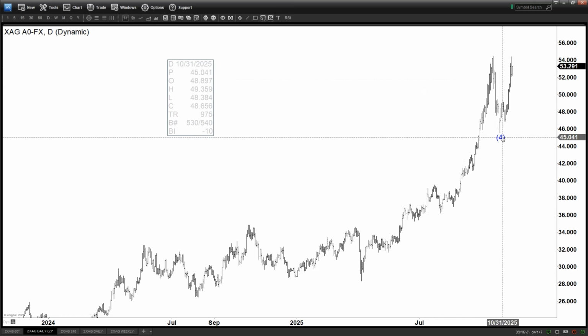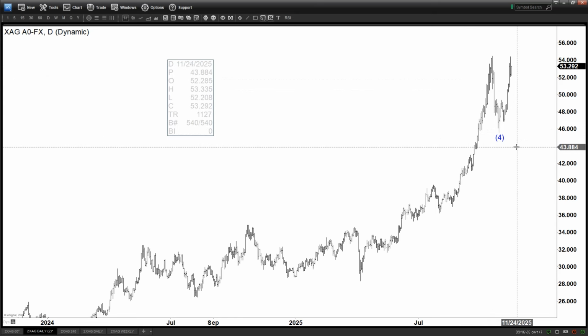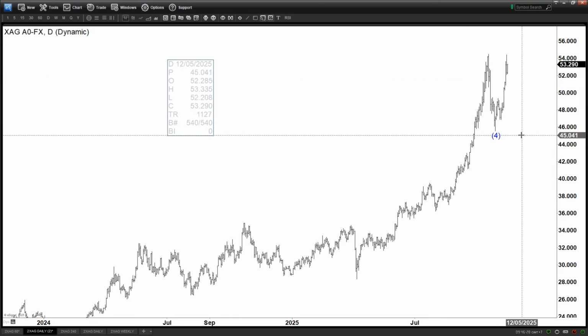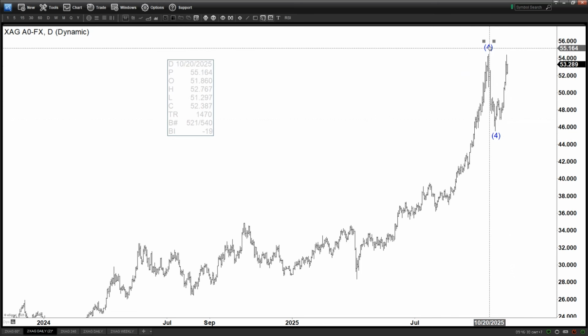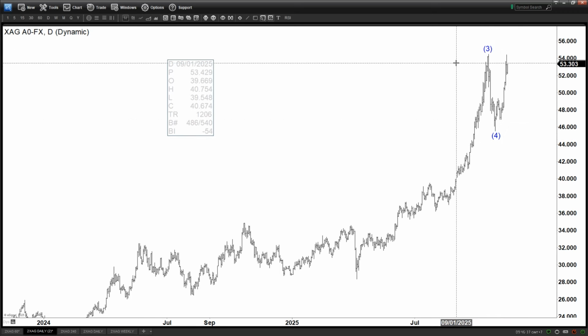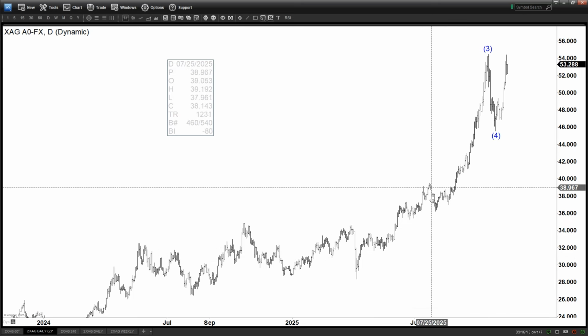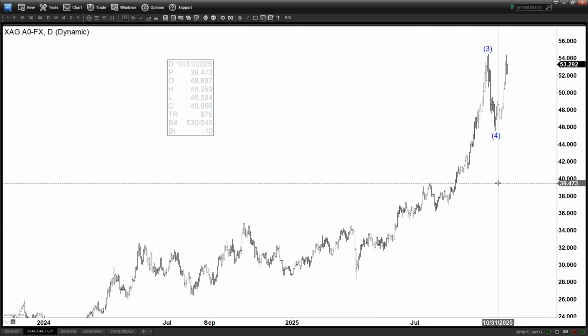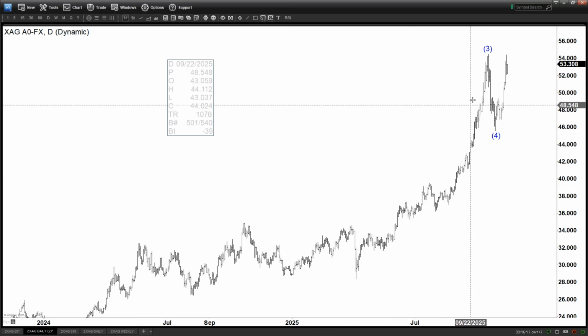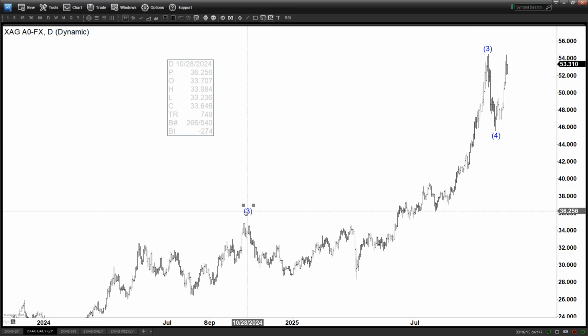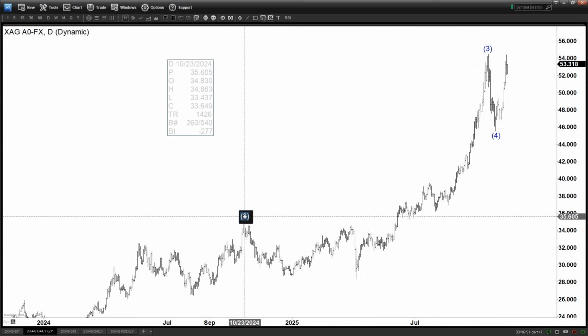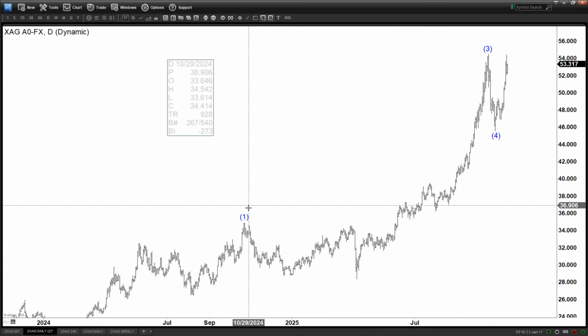So if this is a 4, then you can sort of go back and reverse the count, right? So that has to be the 3 here, on the daily time frame. And then where's the 1 and the 2, right? So if you take a look at this one, first of all, you notice this one looks like a 1 2 3 4 5. Now you might say, can I put 1 here maybe and 2 here?